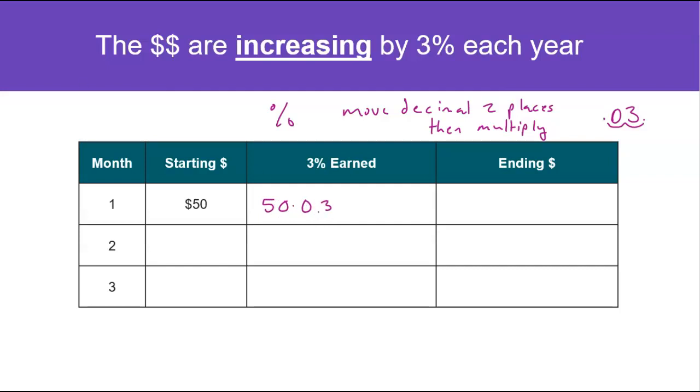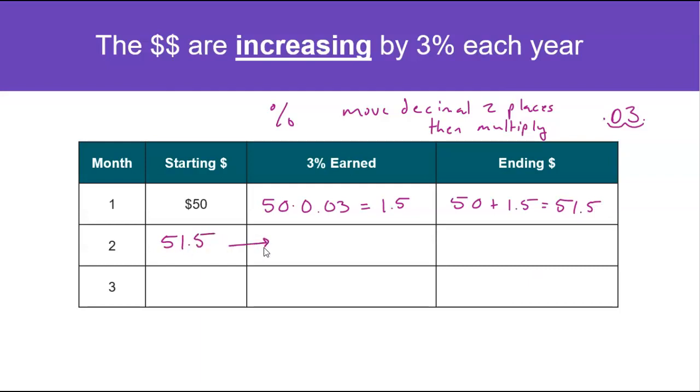Oops, not 0.3, but 0.03. And I put that in my calculator. I get 1.5. And remember, we're earning interest, so we need to add that to the starting amount. We get 50 plus 1.5, and that equals 51.5. That becomes our starting amount the following month, and we can do it again.